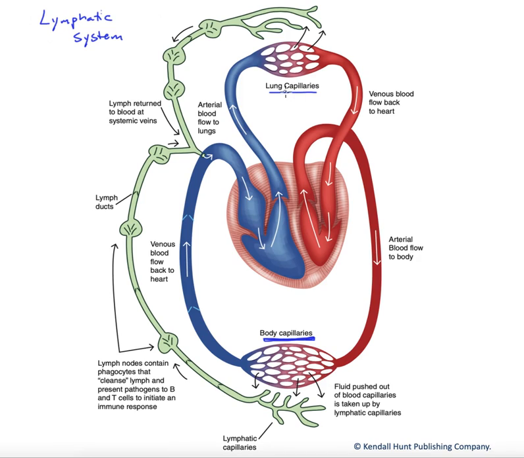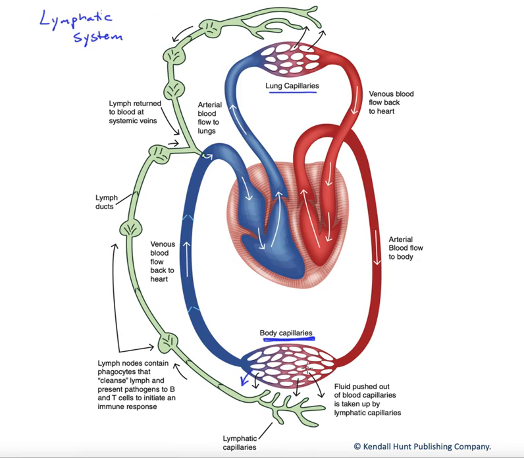Now, regardless of whether they're lung capillaries or body capillaries, there is an imbalance of the pressures within those capillaries such that fluid tends to move generally outward. Right? There is a net pressure outward, and that's driven by blood hydrostatic pressure. It tends to push fluid and small solutes out into the interstitial space, as indicated by these arrows here.